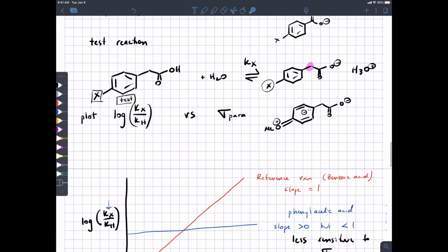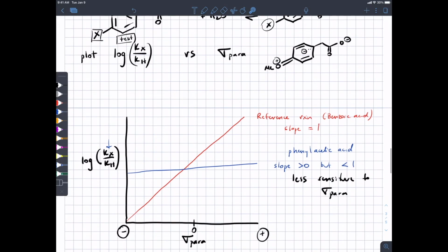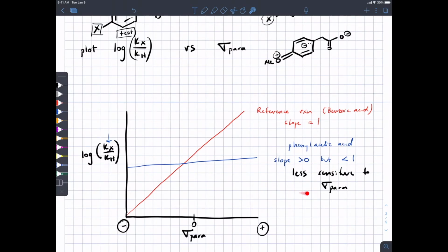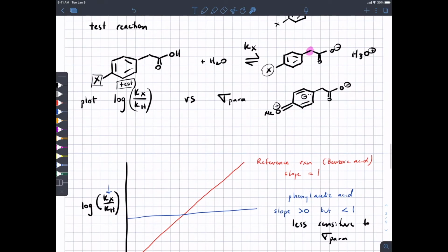So we could interpret the fact that the slope is less than the slope for the benzoic acid reaction as evidence that, like we expect, this reaction is less sensitive to the nature of the donating group, and that makes sense structurally.